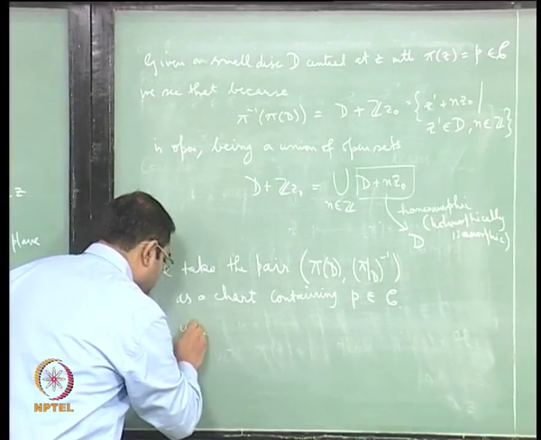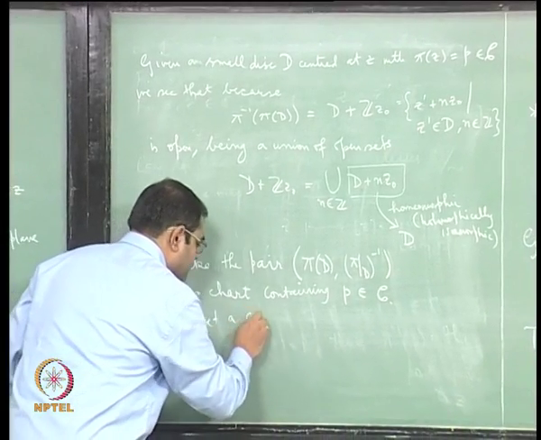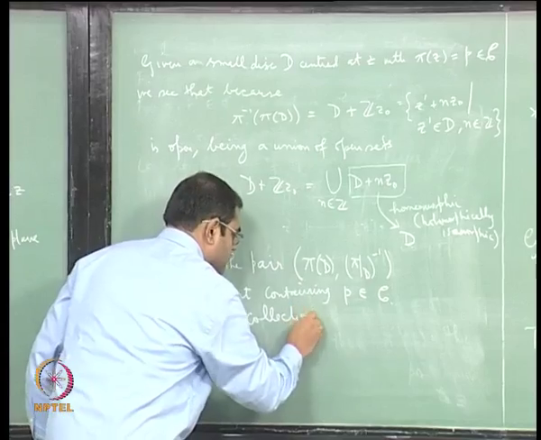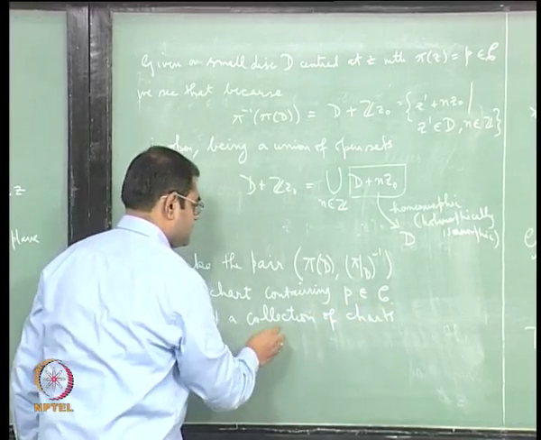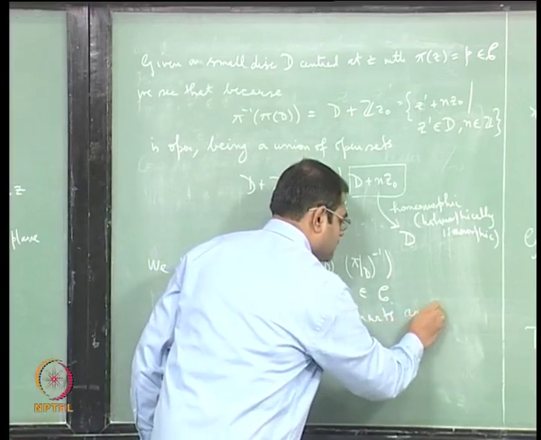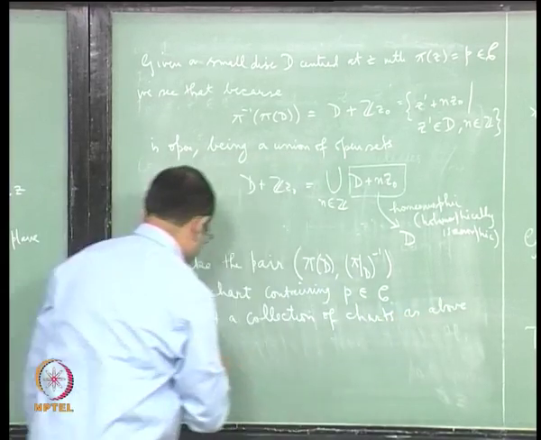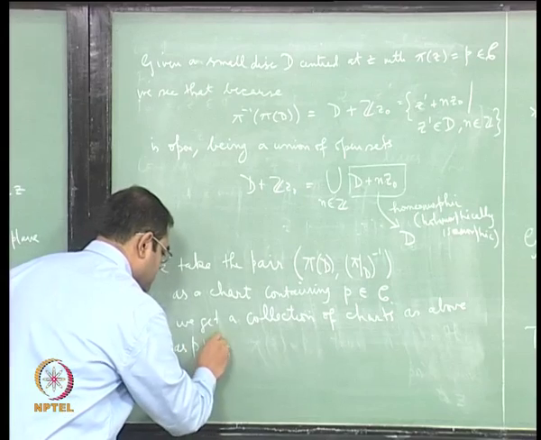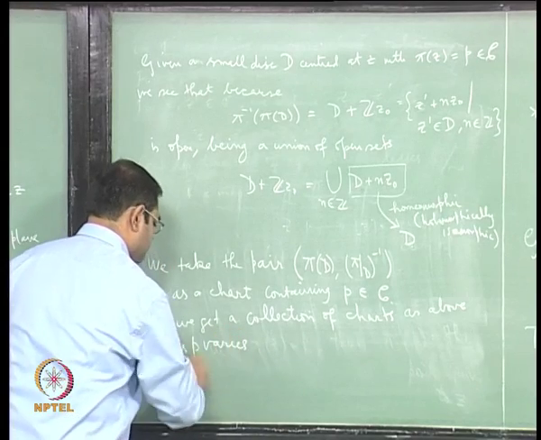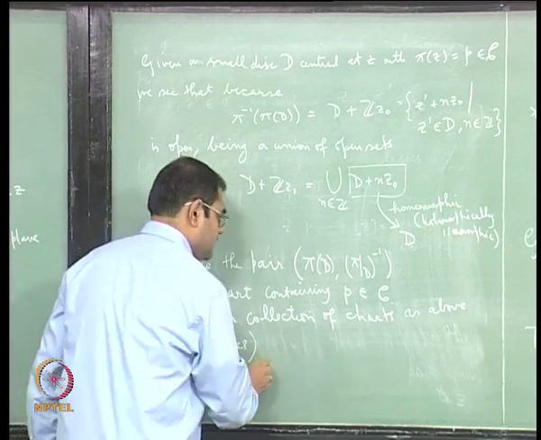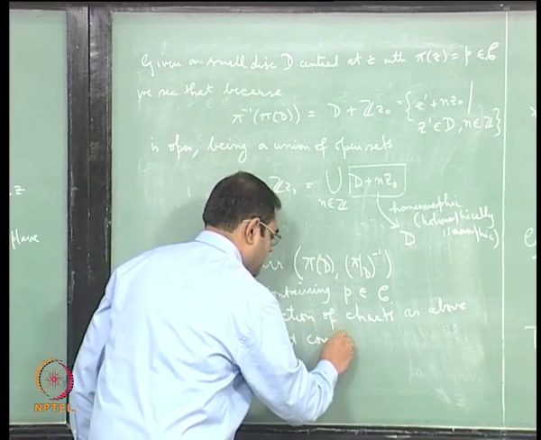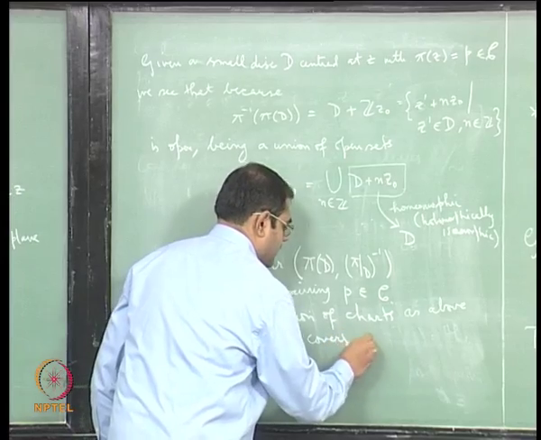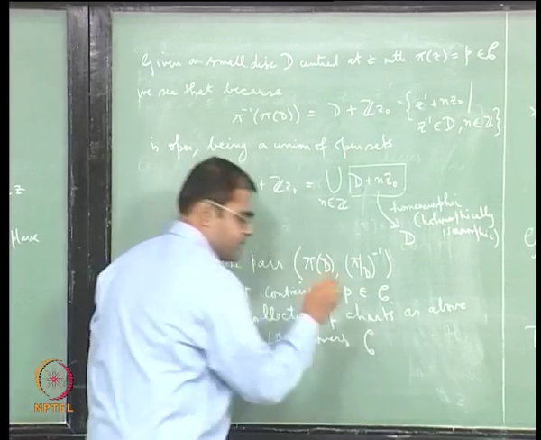So we get a collection of charts as above, as P varies, that covers your cylinder.